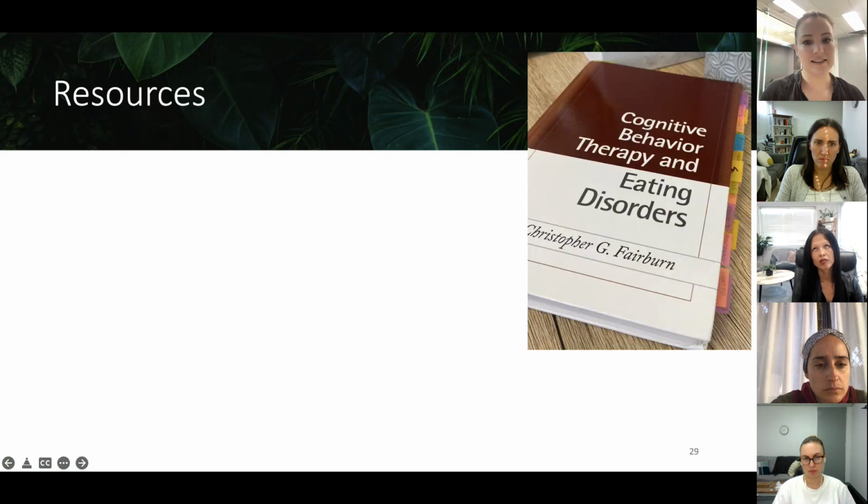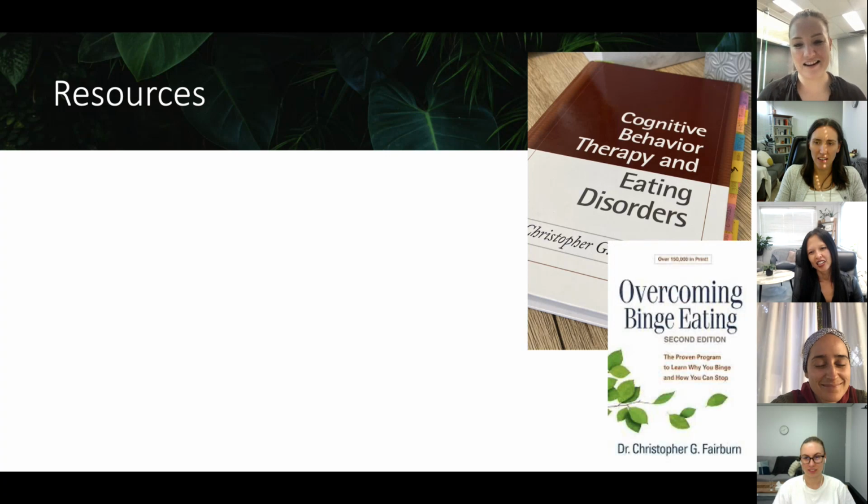So then resources. This is actually a picture of Renee's textbook. I took a photo because I just loved how well used and color-coded it was. Obviously, the textbook does say to refer to the Overcoming Binge Eating book and to provide it to your patient.